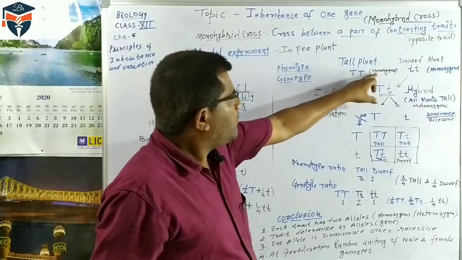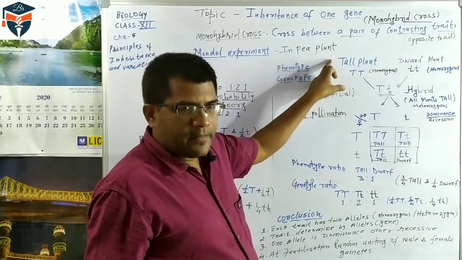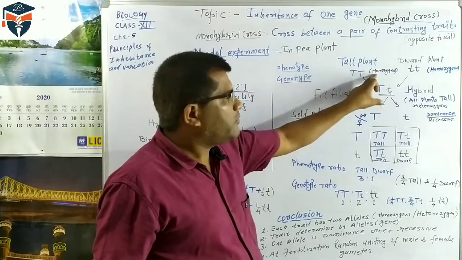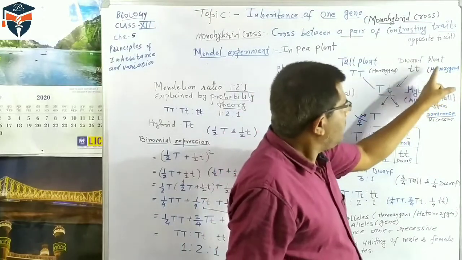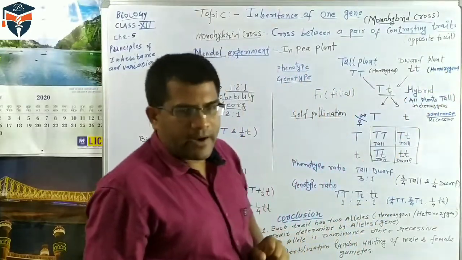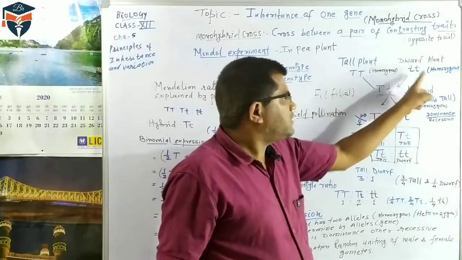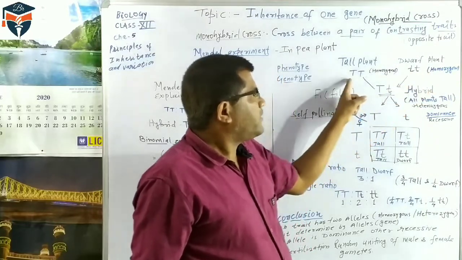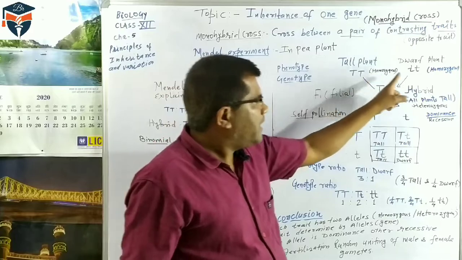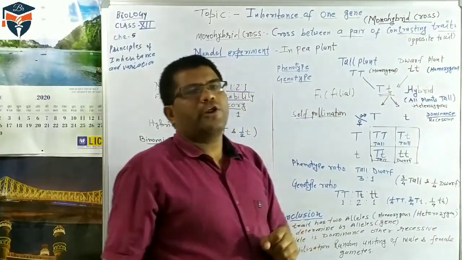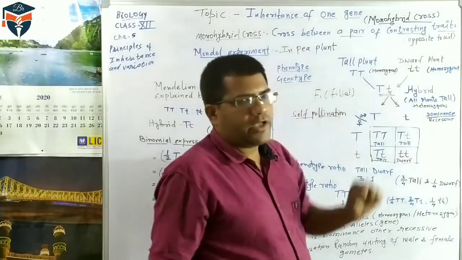So the pure tall plant is homozygous, and the dwarf plant is also homozygous. The alleles are the same, so both are in the homozygous condition.